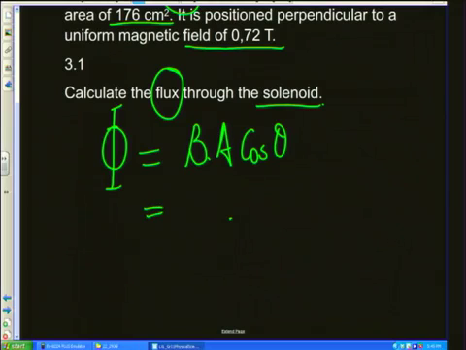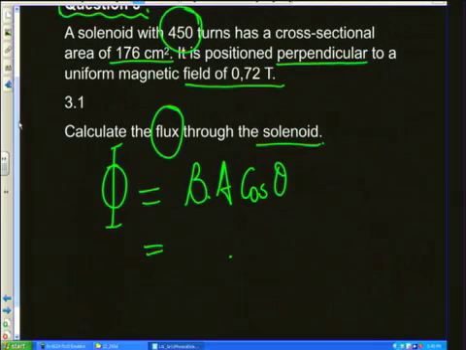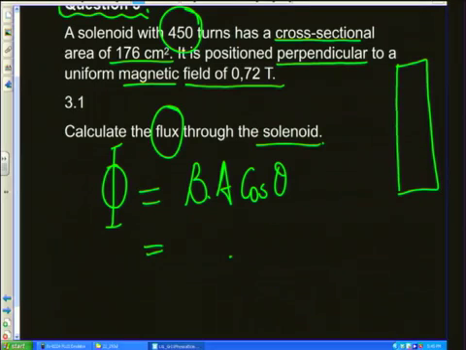Now, we are told that this cross-sectional area is positioned perpendicularly to this uniform magnetic field. So the plane is there, there is the area, and it is perpendicular to it.